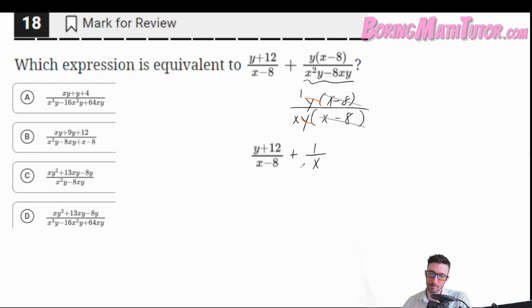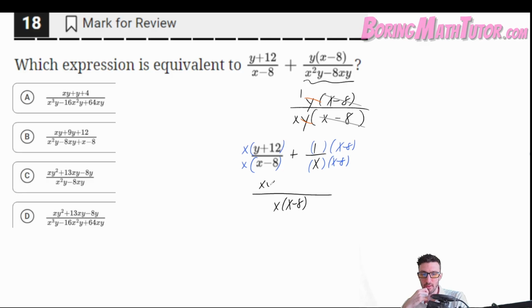And normally I want to get a common denominator. So that means I'm going to multiply the denominators by each other. And that means I'm going to multiply everything here by x and everything here by x minus 8. Alright, so now x times x minus 8 is my common denominator.